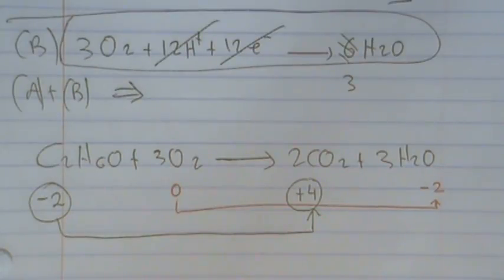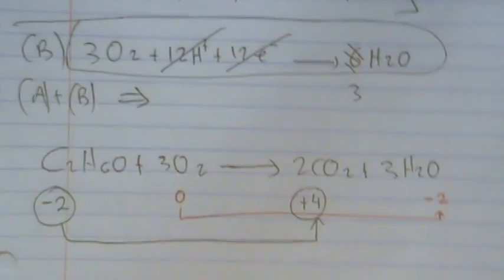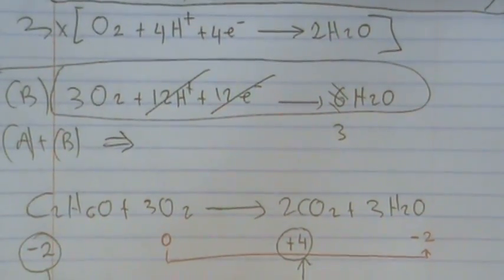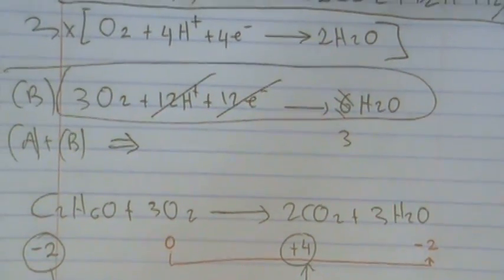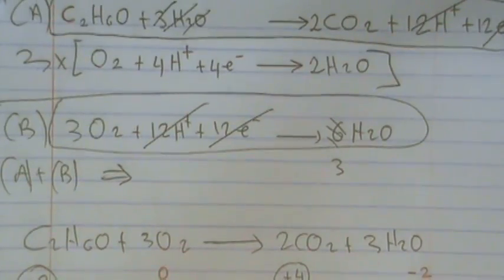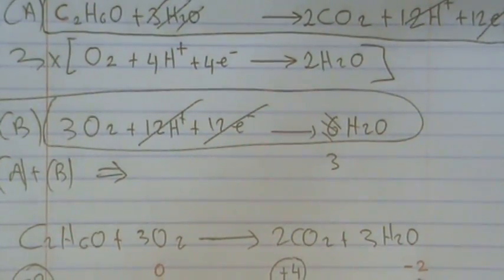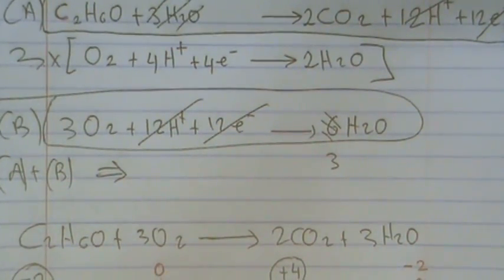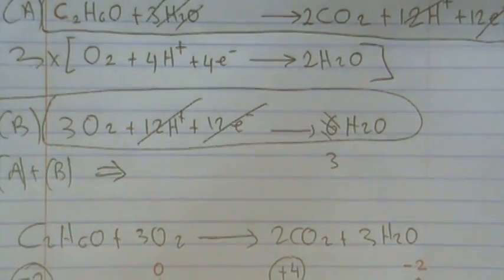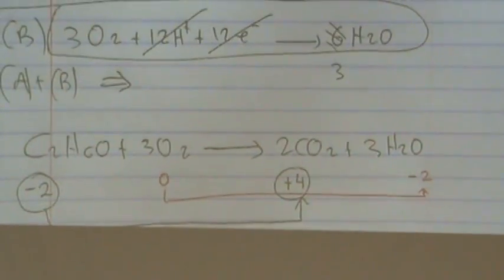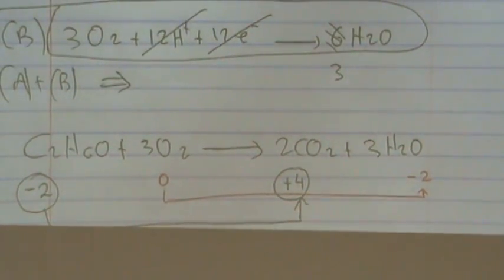Now it says the name of the element that gains electrons is, well, it will gain electrons, so the oxidation number is going to go algebraically down, right? So that's going to be what? Oxygen. The element that loses electrons will be then carbon.